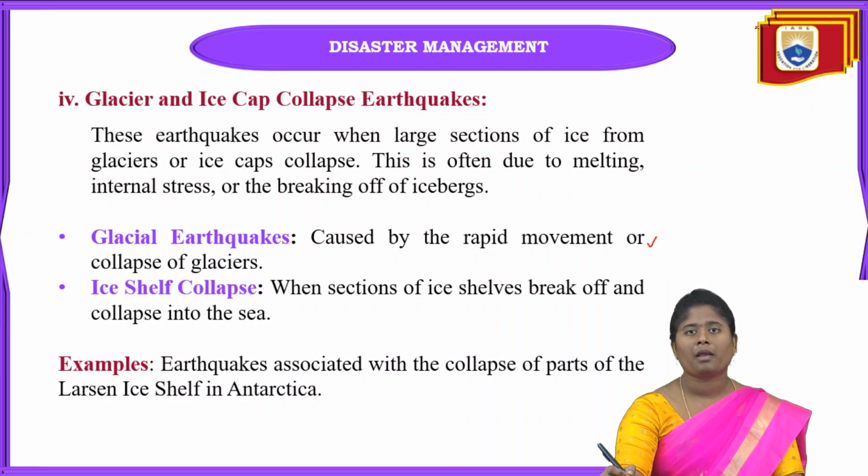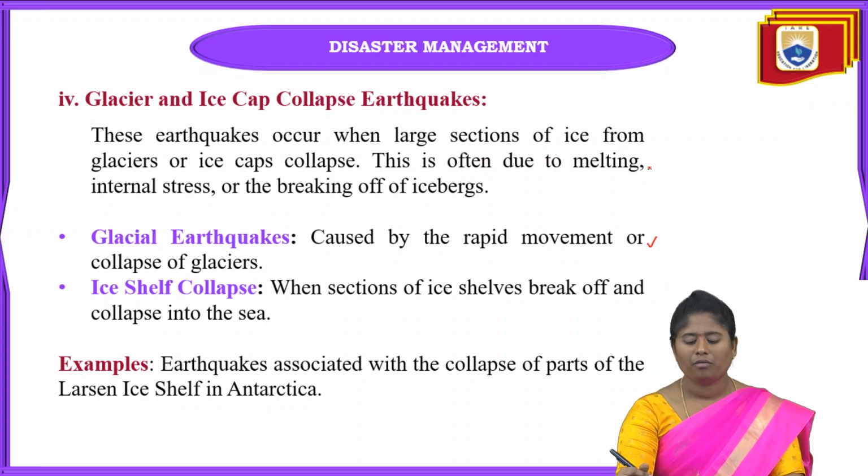First one is glacial earthquake. This is caused by the rapid movement or collapse of the glaciers. When rapid movement occurs on the glaciers, this type of glacial earthquake occurs. Coming to the next one, that is ice shelf earthquake.